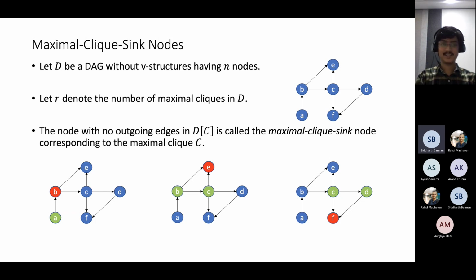Otherwise, for a triangle free graph, R could be the number of edges, which could be much more than N. But in chordal graphs, R is always less than or equal to N. It was also known earlier. Now I'll continue.